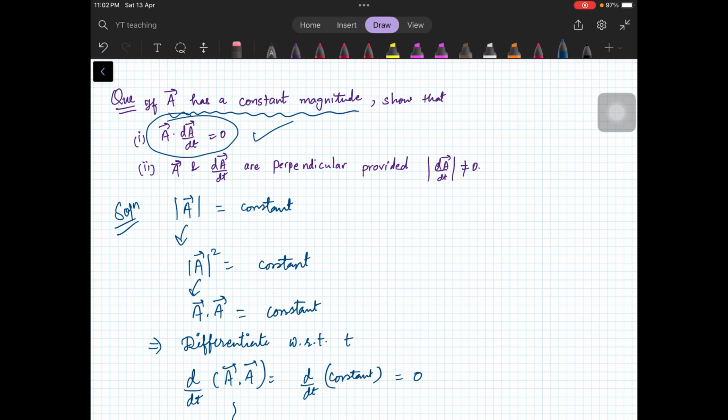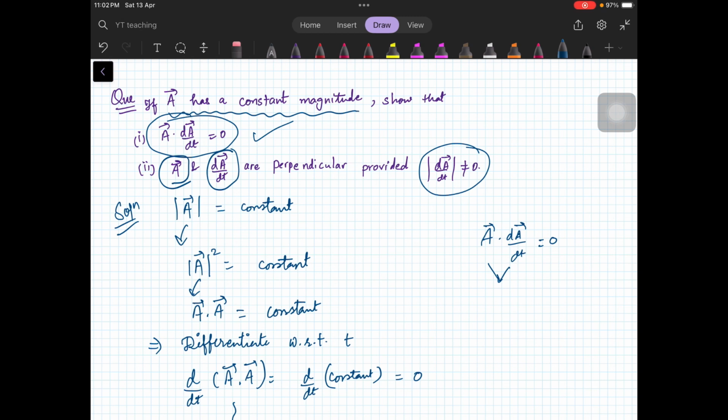And then you want to prove that A and dA by dt are perpendicular, provided dA by dt is non-zero. We already got that A dot dA by dt is 0. We know that the scalar product, which is the dot product, is 0 only when the vectors are perpendicular or one of them is 0, or both are 0.